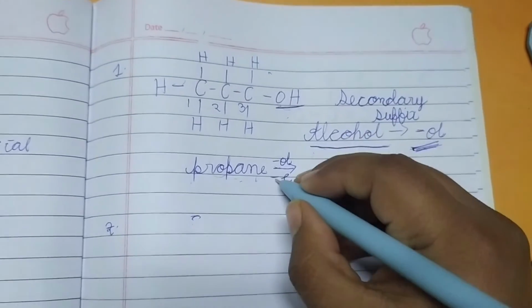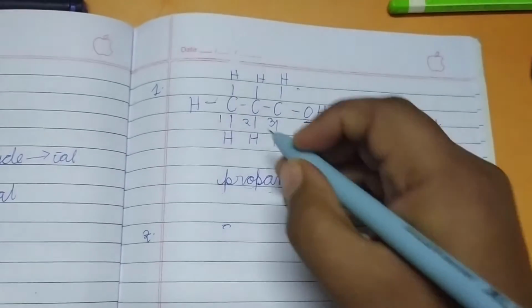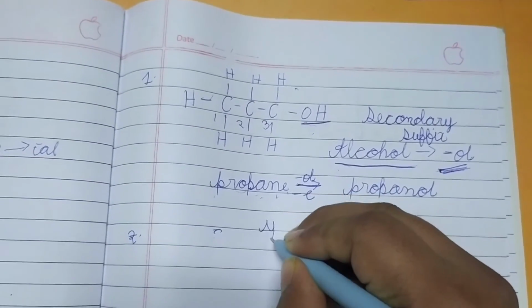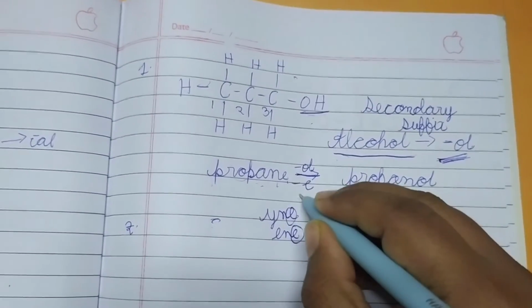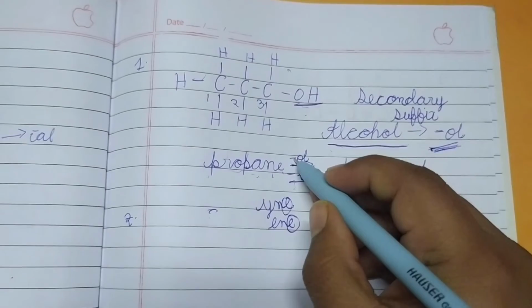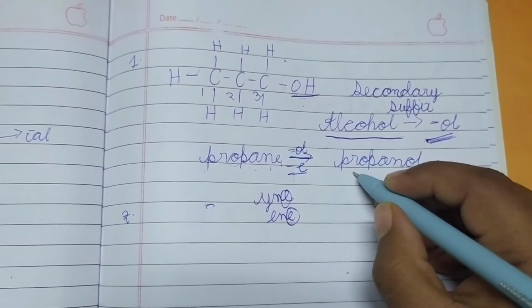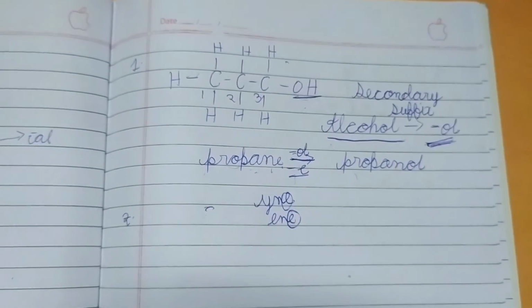When we add a secondary suffix, we remove the e of ane or even yne or ene. So we removed e and we add ol as our secondary suffix. So the IUPAC name for this compound is propanol.